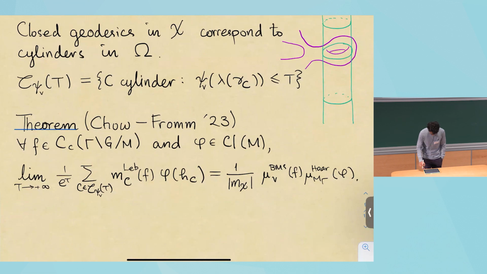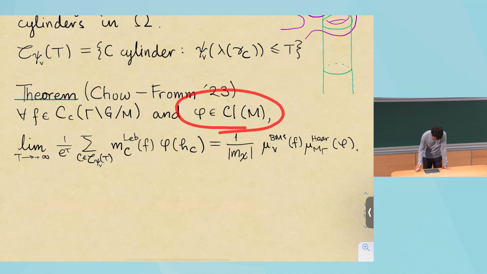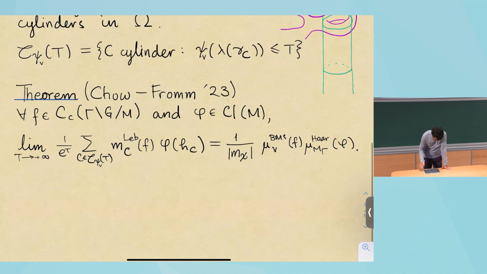And this is a very recent result by Michael Chow and Elijah Fromm. It's a very recent preprint. And the theorem says the following. If I take a compactly supported function f on G mod gamma mod M, and a class function on M, then we have the following joint equidistribution result.